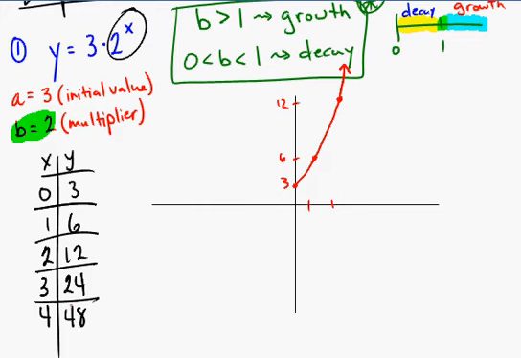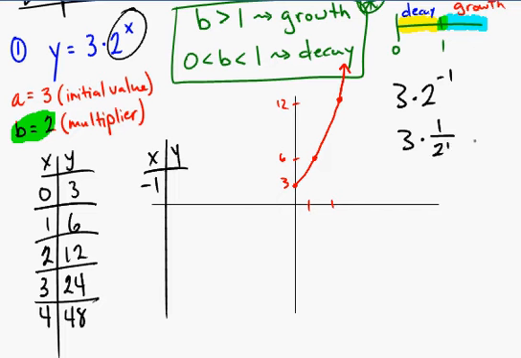So we did this side. What about over here? What if we put in a negative 1? What's that going to give us? That would be 3 times 2 to the negative 1 power, which is 3 times 1 over 2 to the first, or 3 times a half, which is 3 over 2, or 1.5. How about negative 2?